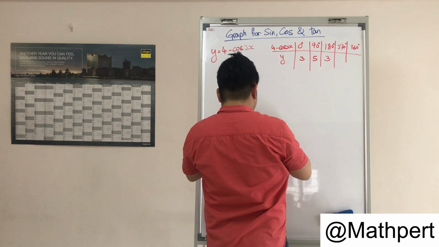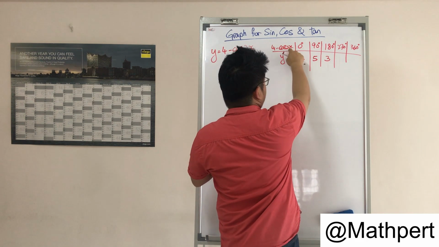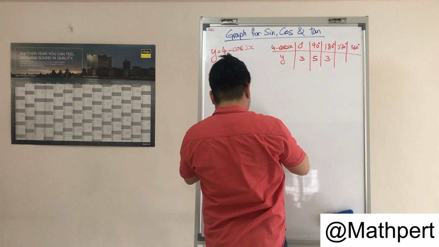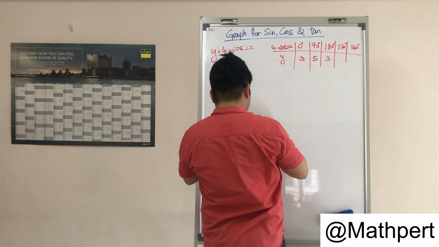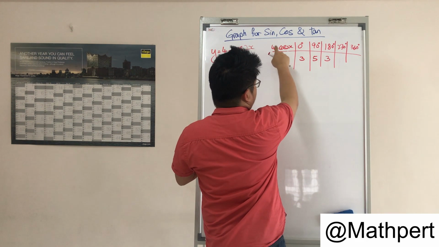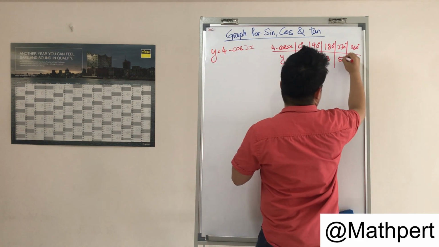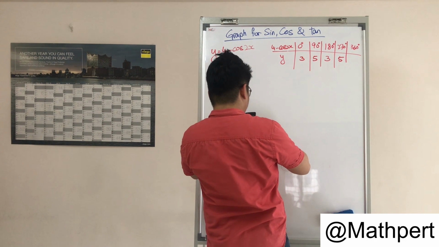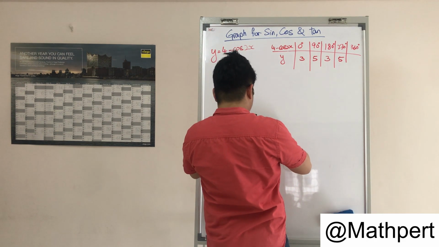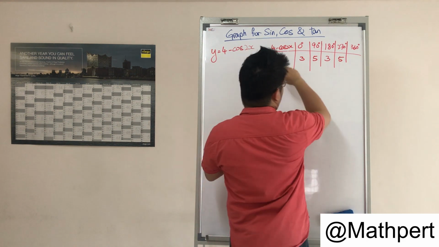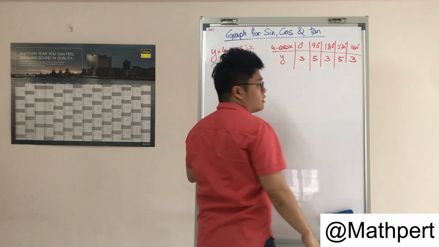270 multiply 2 is 540. Cos 540 is minus 1. 4 minus minus 1 is 5. So 360 multiply 2, cos 720 is 1. 4 minus 1 is 3.